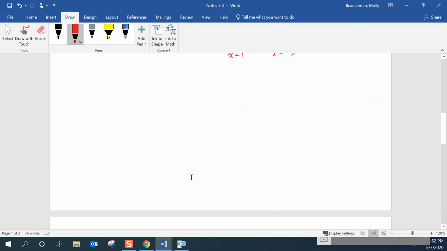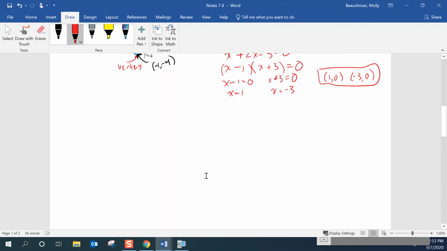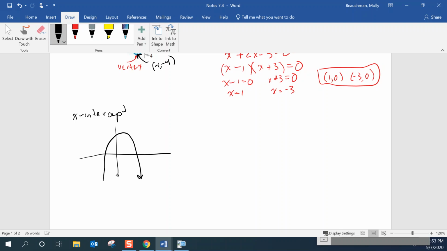So just a note, okay, on x-intercepts. You could have two x-intercepts, just like we had above there, if our graph touches in two places.